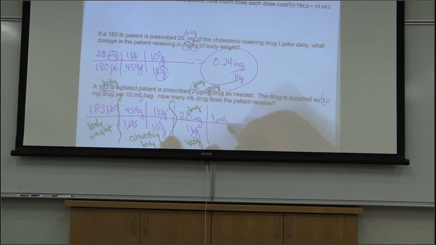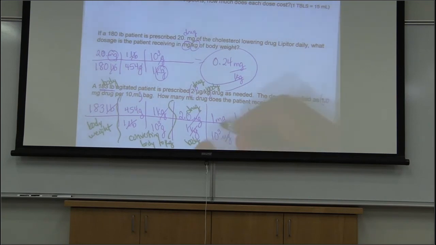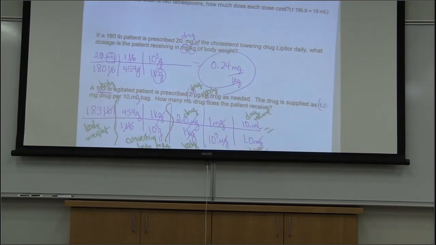On top, so 1 milligram on top. What goes on the bottom? 10 to the 3rd micrograms. Good. So micrograms cancel, and then my last step. What goes on top? 10 milliliters per what? 1 milligram. So again, this is drug mass. This is drug volume. And you're done. So run your numbers.